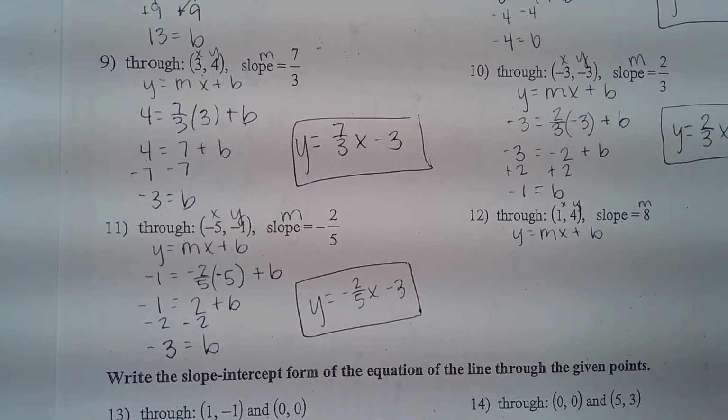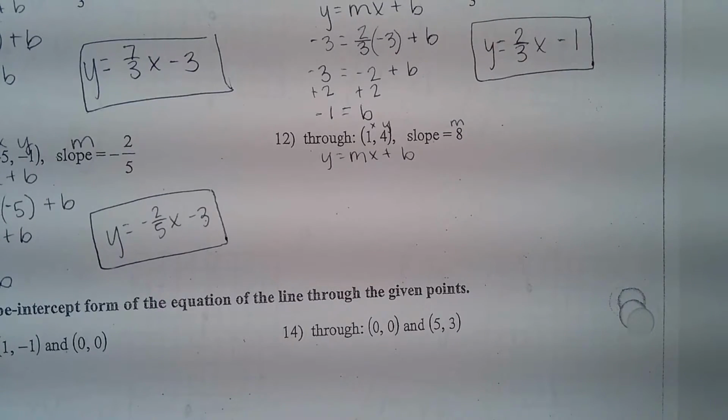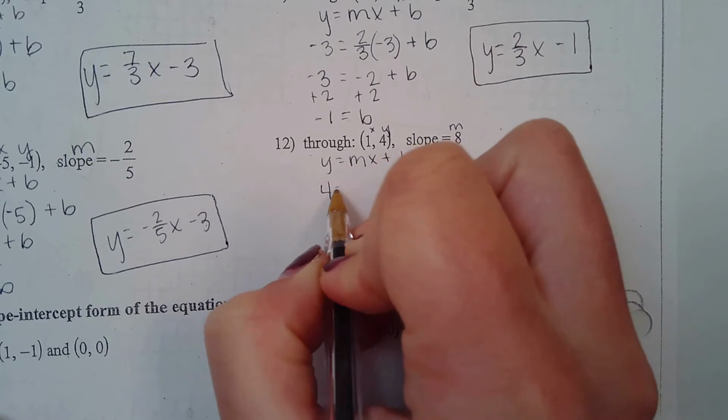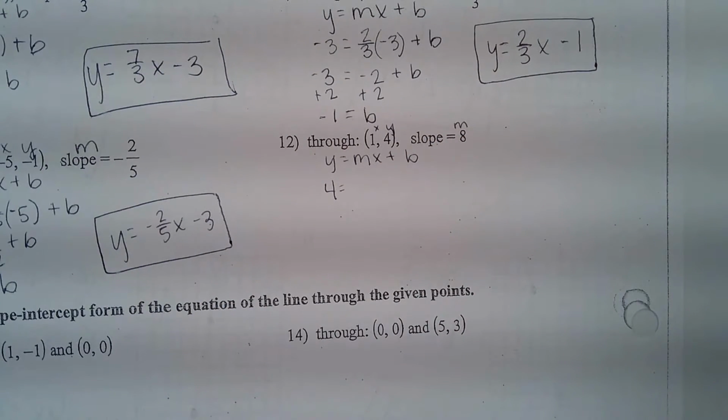Yeah? Okay, so for number 12, last one, Anson, what goes in place of y? Hunter, what goes in place of m?